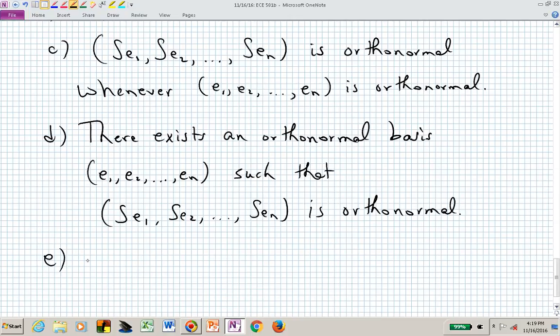E is if we take this isometry S and find its adjoint and apply that adjoint operation to the operator itself, that's equivalent to the identity map.